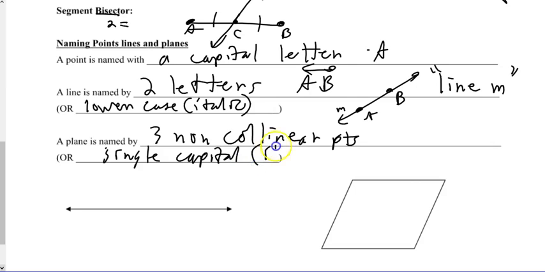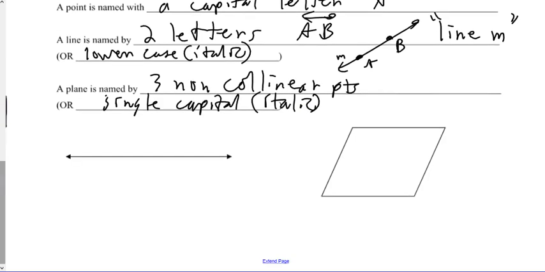And usually, again, that's in italics in the book. Okay, so look down below here. If I had 3 points on here, A, B, C, as long as they're not in one straight line, I can call this plane ABC.